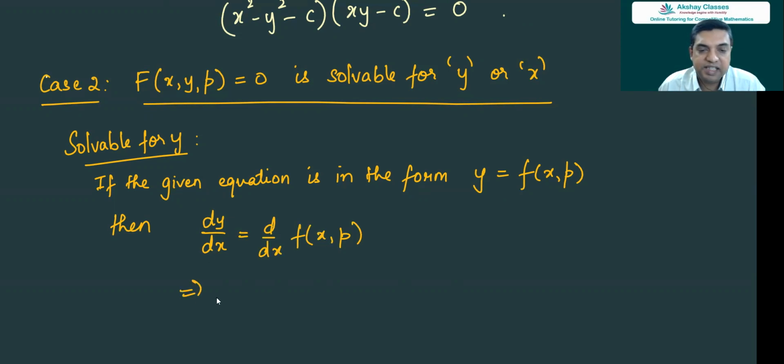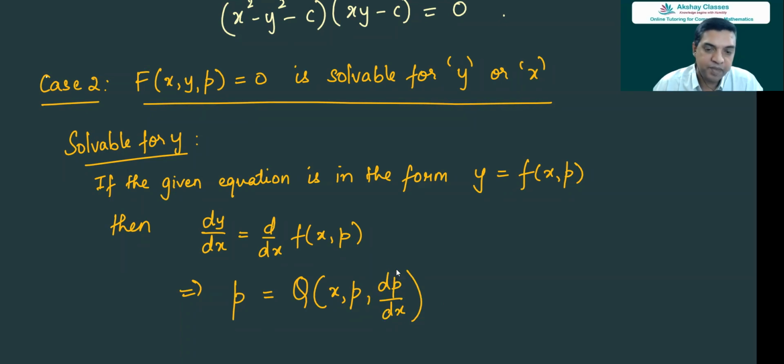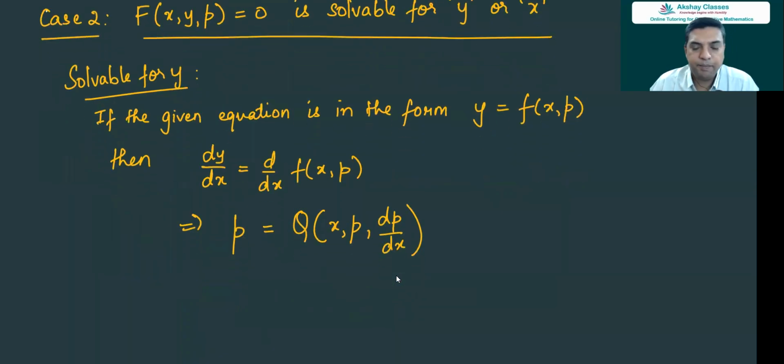Now dy by dx is p, I know that. And I will get another function which may contain terms of x. It may contain the derivative, and it will definitely contain the derivative of the derivative, the second derivative. But we are finding p. So what we have done is, now we have eliminated y completely from the picture.